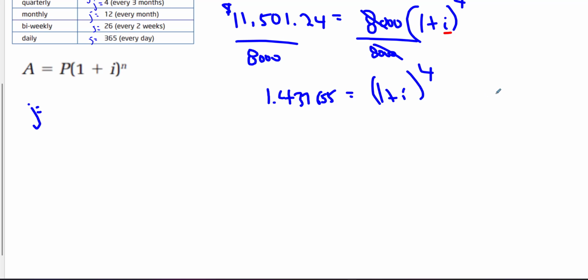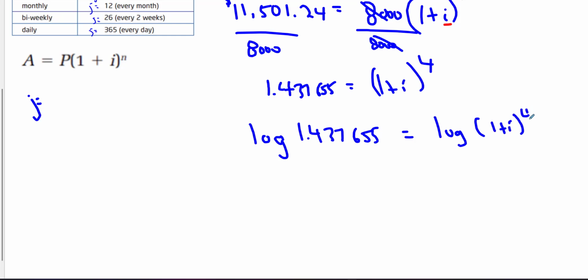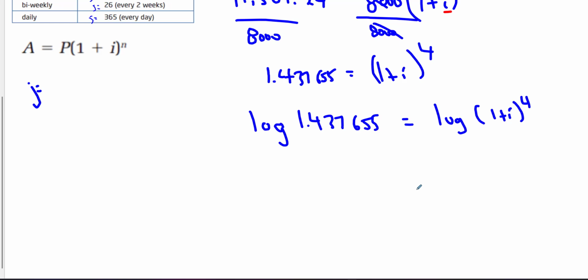Here, when we're solving for a value that has an exponent, this is what we did in the exponential unit. It's because we learned about exponent laws and we learned about logs. We're going to take the log of both sides. If you don't remember, that just means write log in front of everything on both sides.